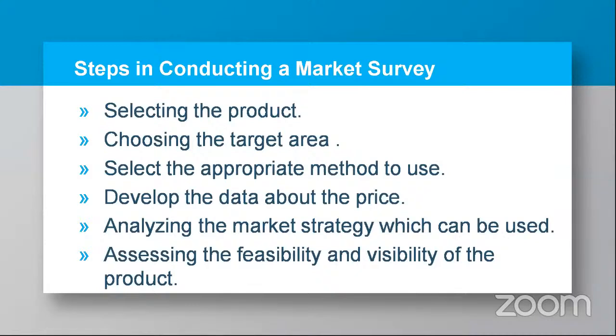Will those people be in position to support you in your business? Because if you find out that in actual sense, you don't have people who are going to buy your product, therefore it is not advisable to produce such a product. So what you have to do is to ensure that you go out and find out whether you will be in position to have customers to buy your product.